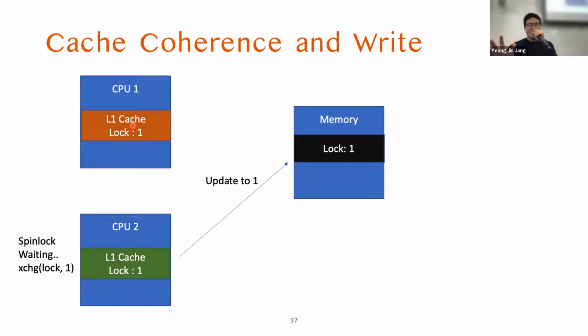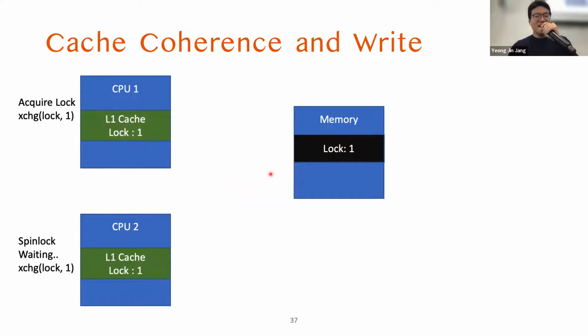So that's happening. The problem of the exchange was that we will always update the lock variable to 1, so that involves a lot of cache misses. Then what if we don't update the lock variable if we observe the lock variable as 1? It will definitely reduce this kind of cache coherence invalidation, because this is actually a necessary update.